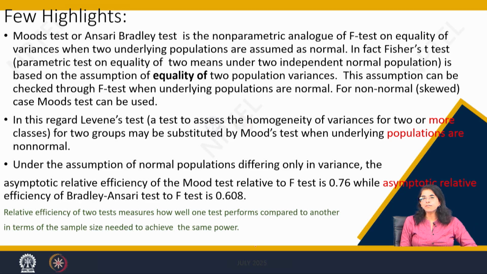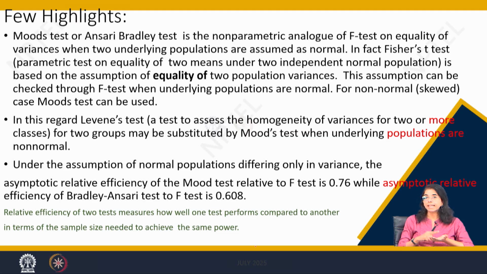Under the assumption of normal populations differing only in variance, the asymptotic relative efficiency of the mood test relative to F-test is 0.76, while the asymptotic relative efficiency for Bradley-Ansari test to F-test is 0.608.